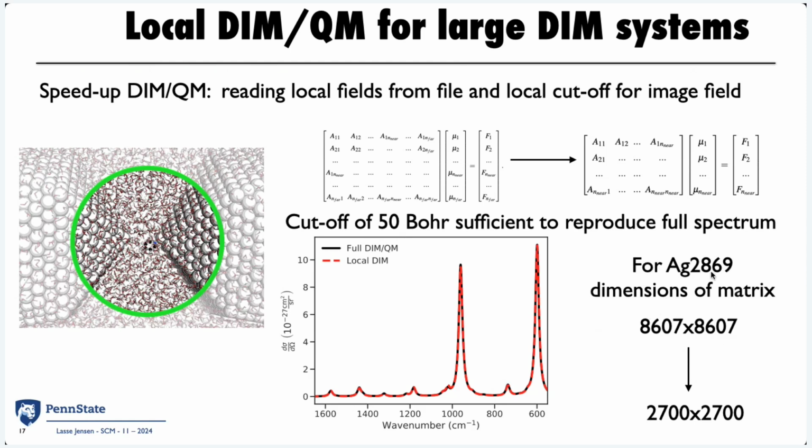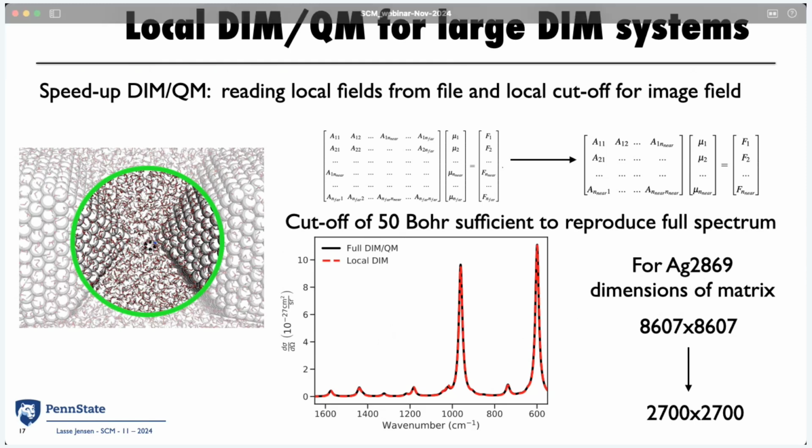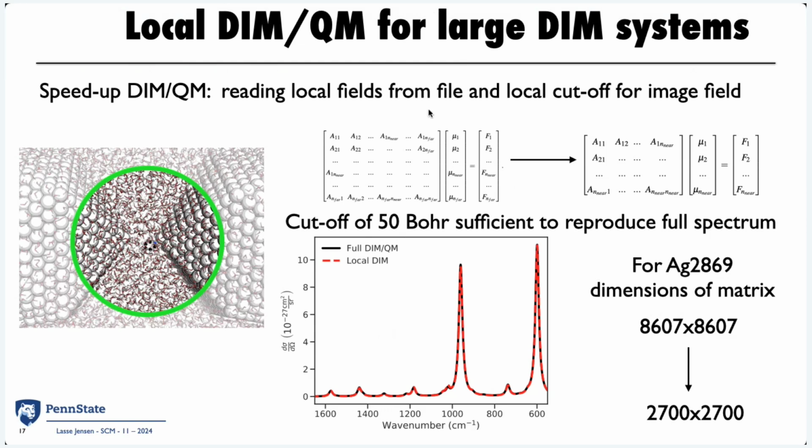In this case, this is only for a single particle under the surface, but we can show that we can reproduce the full spectrum using this reduced system. What this actually does is allow the image field effects to be solved using in-memory solvers rather than using linear algebra iterative solvers. So this leads to a huge speedup in the set of equations, and is really essential when you deal with these very large DIM systems.